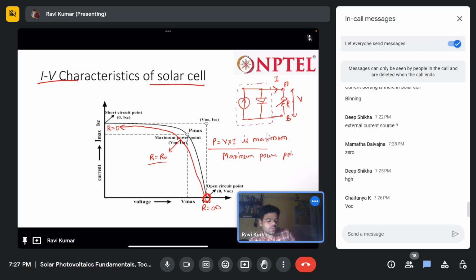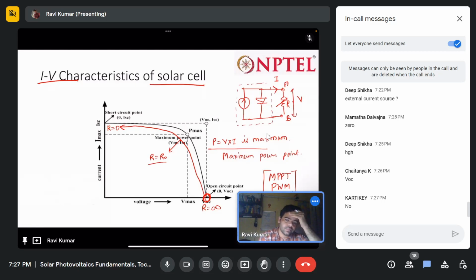Have you studied or seen MPPT, PWM? Have you seen these terms anywhere? MPPT, maximum power point tracker. No. Okay. It is not the inverter, it is just the thing before the inverter. We have a solar panel, then we have an inverter.